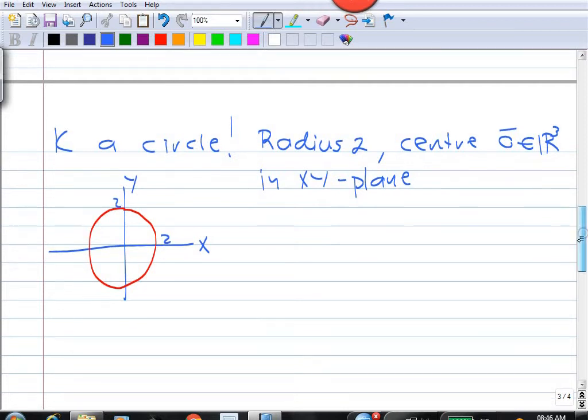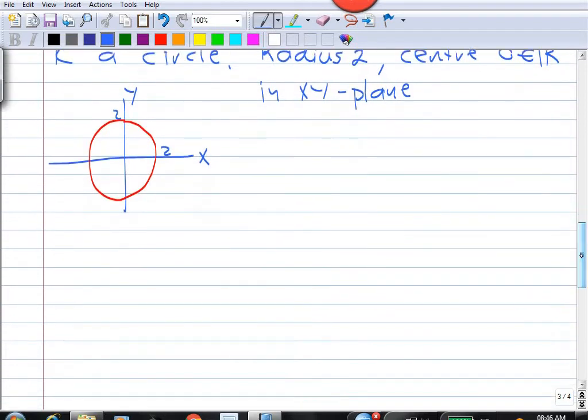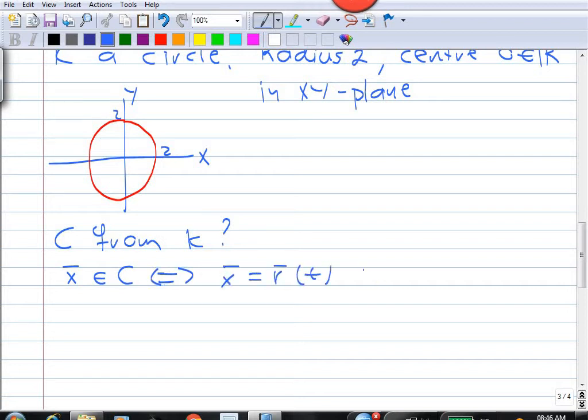Now, how do we get C from K? Well, we notice that X, a point in R3, is on the curve C if and only if X is a value of r for some t, and this t must be between 0 and 2 pi.